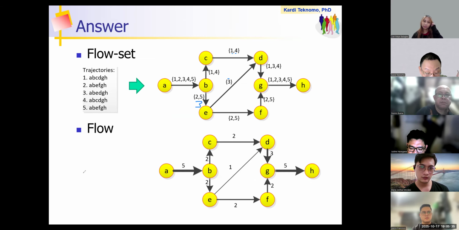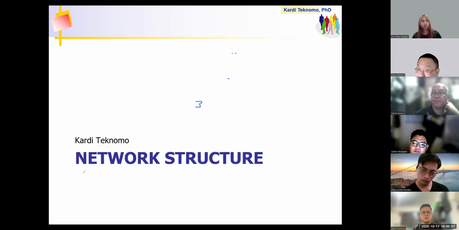Link flow is just 2 nodes. Intersection means consecutive 3 nodes. If you can get consecutive 3 nodes, I think I have an example here. Wait.